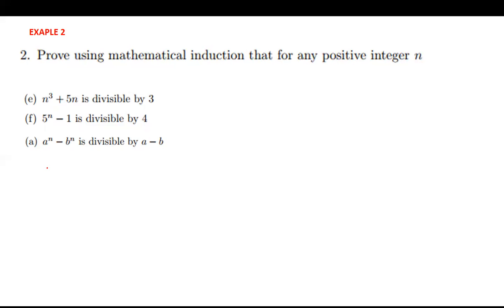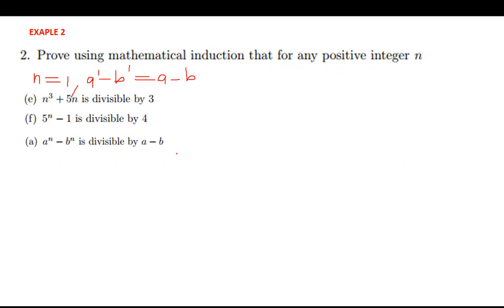Okay, we have this. Even this one, the first thing that you do is test it when n is equal to 1. So when n is equal to 1, you put 1 where there is n. We're going to have a to the power 1 minus b to the power 1. This will just give you a minus b.